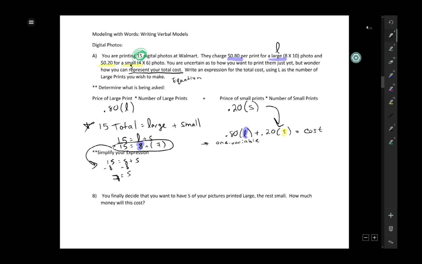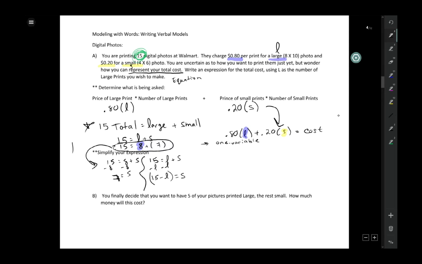Similarly, if we have 15 equals large plus small, and we want to solve for S, we subtract L. That means that really 15 minus L equals the number of small pictures.